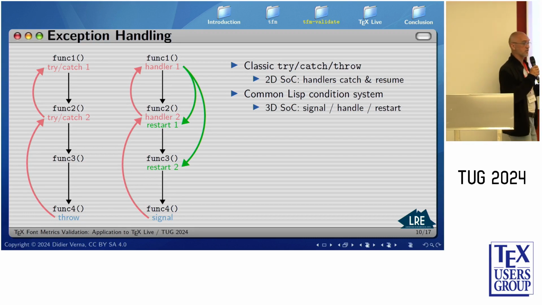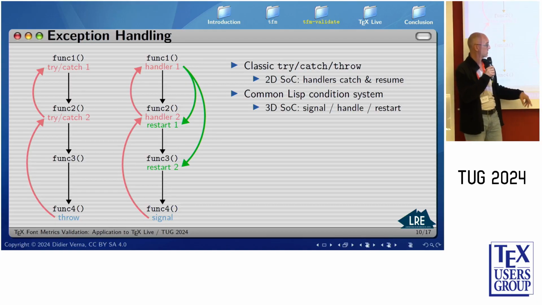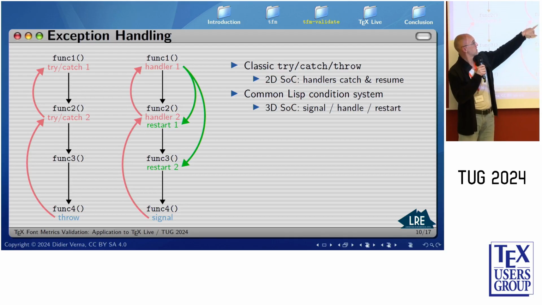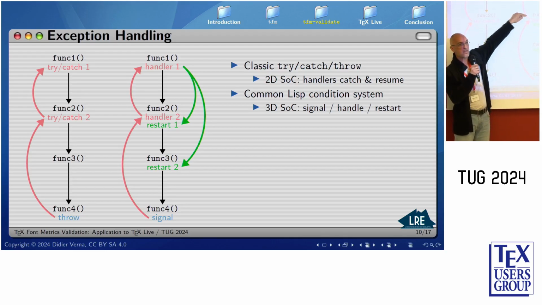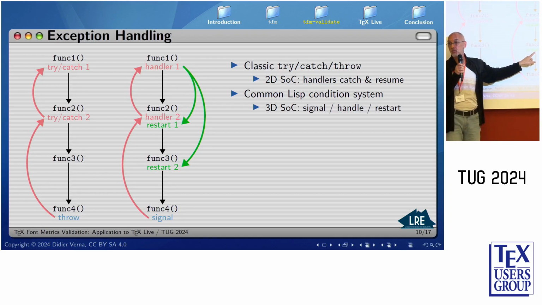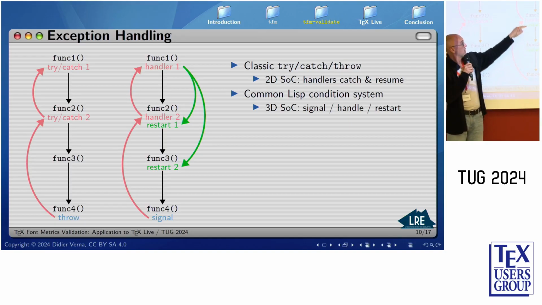And in that kind of scenario, what can happen, for instance, is that the condition is signaled, it goes up, it's caught by this handler, but this handler is not forced to restart from here. It could, but because there is also a restart point established down below, the handler here may decide to restart from there rather than from here.